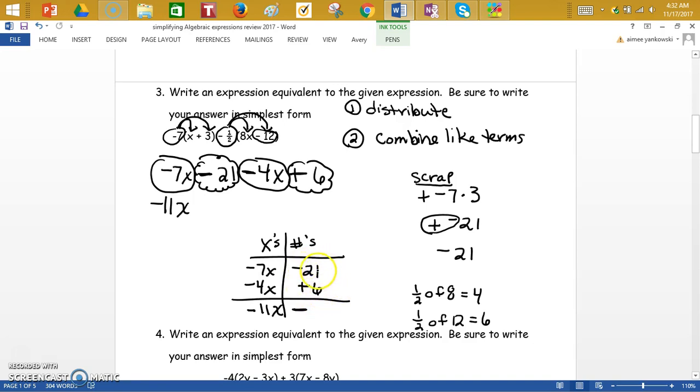If I take 6 from 21, I believe I end up with a 15. Right? Borrow from the 2. 2 becomes a 1. 11 minus 6 is 5. So then I have negative 11x minus 15. I say, okay, I no longer have any like terms. These are my x's. These are my constants. That's my final answer.